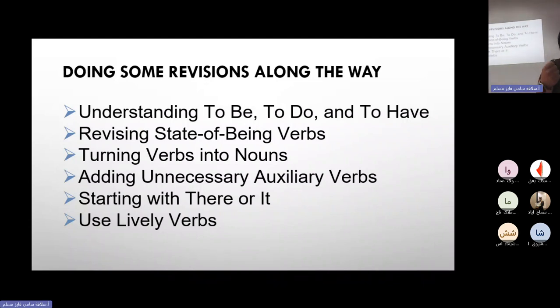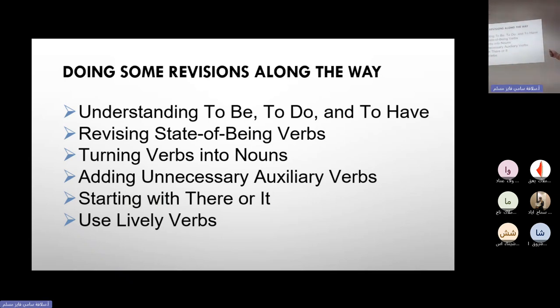Doing some revision along the way. Editors, you will always need to do some revisions when you do your editing work. You need to understand the auxiliary verbs or helping verbs: to be, to do, and to have.